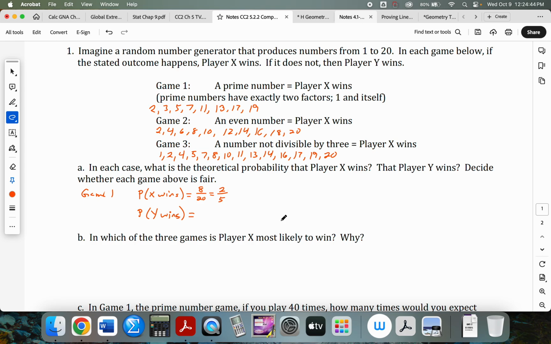Well, you could do 5/5 minus 2/5, because what is 5/5? 1. The probability that X will win plus the probability that Y will win has to be 1. One or the other is going to win, right? So the probability that Y wins is just 1 minus 2/5, which is 3/5.